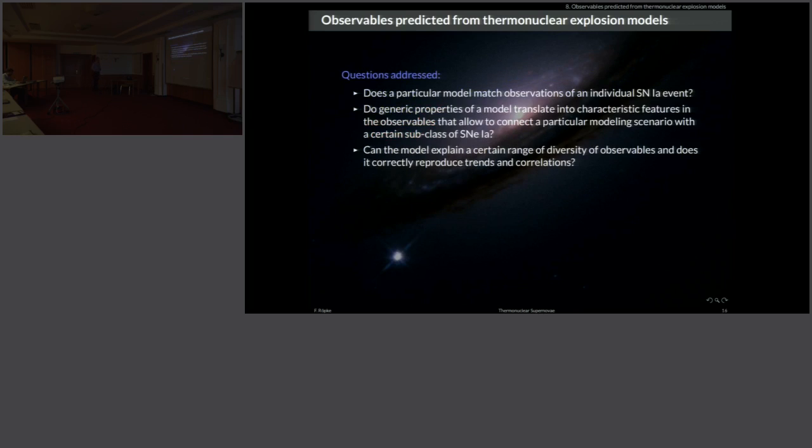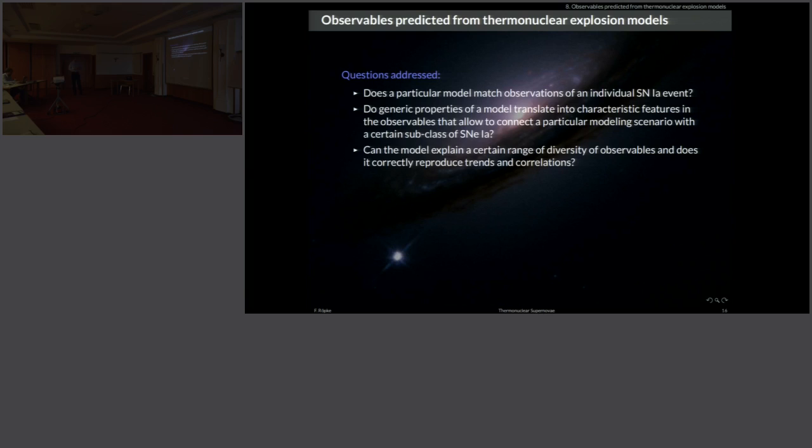The question that one wants to address with radiation transfer is whether a particular model of a thermonuclear supernova explosion really matches observations of an individual type Ia supernova event. Another question is, do generic properties of a model translate to a characteristic feature in the predicted observable?